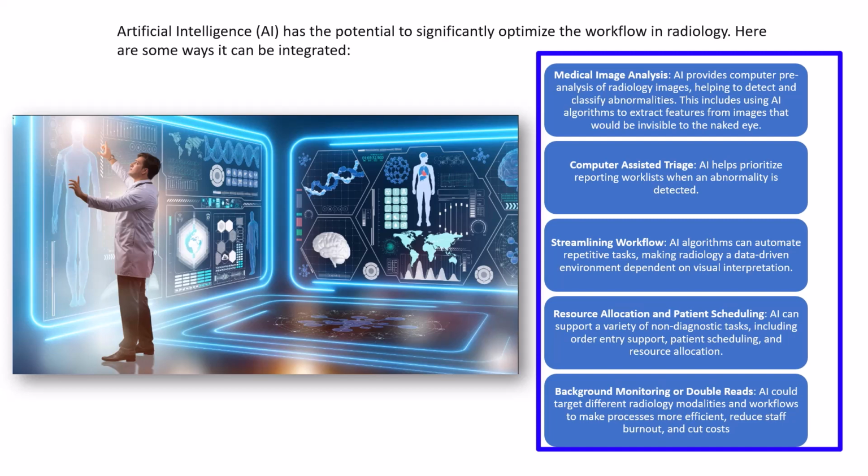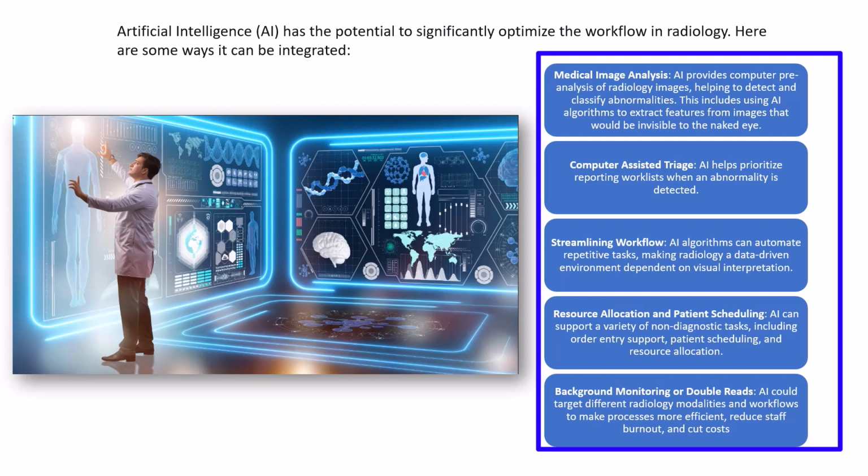AI can be used for medical imaging analysis. It provides pre-analysis of radiology images, helping to detect and classify abnormalities. This includes using AI algorithms to extract features from images that would be invisible to the human eye. It can also be used for computer-assisted triage. AI helps prioritize reporting work lists when an abnormality is detected.